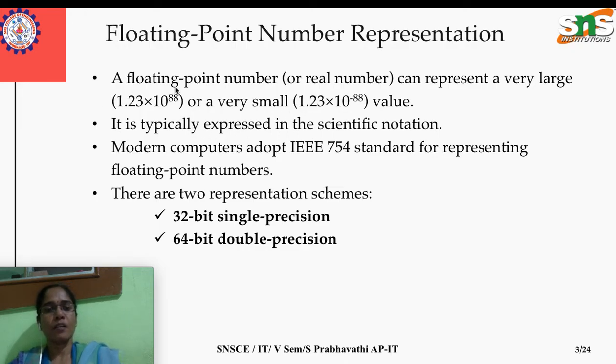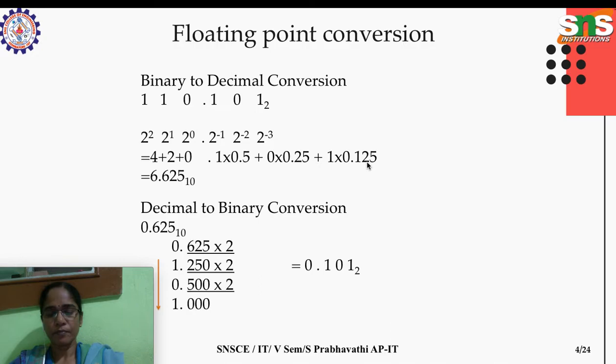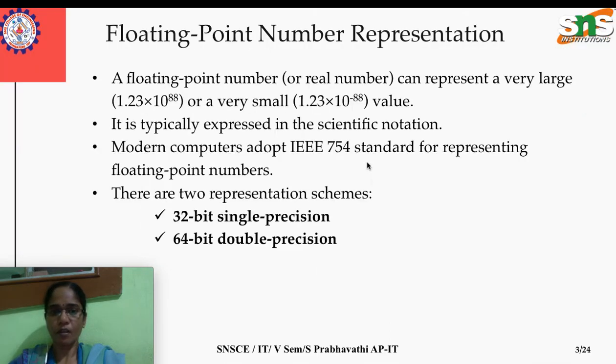Mainly these numbers are expressed in scientific notation, as we have seen in the previous slide. Most modern computers adopt a standard for representing floating point numbers, and that standard is IEEE 754, the Institute of Electrical and Electronics Engineers.